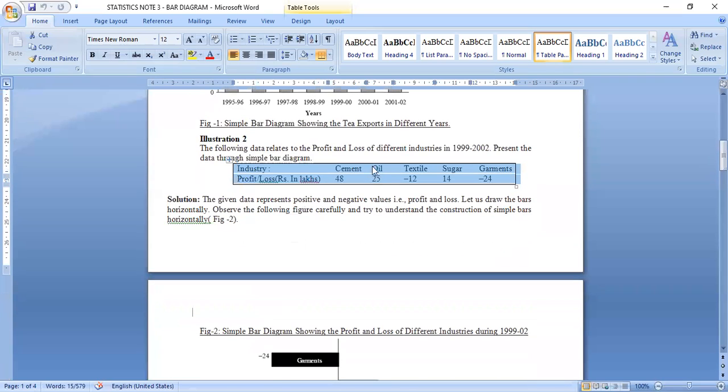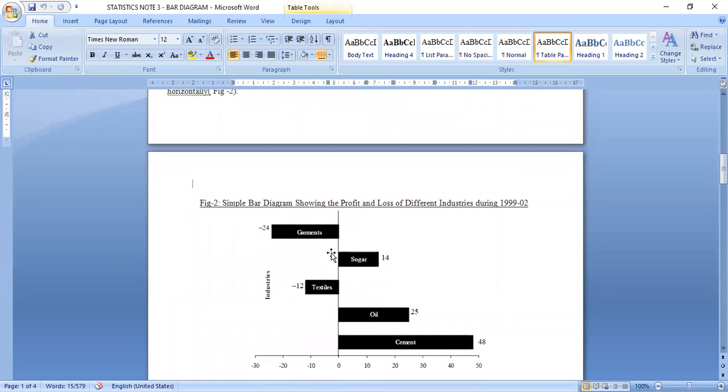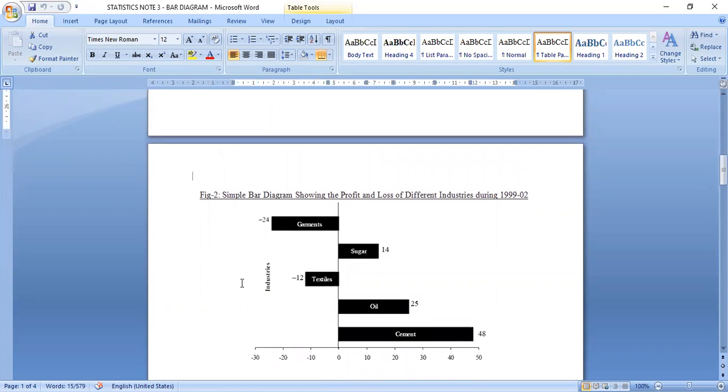And since there is a profit loss concept, there is a minus symbol present there. So how can I represent? Let us see this example. So they are called one type of horizontal bar concept. Very easy, just visualize, put it in your head, nothing else, you can draw the picture yourself, very easy.